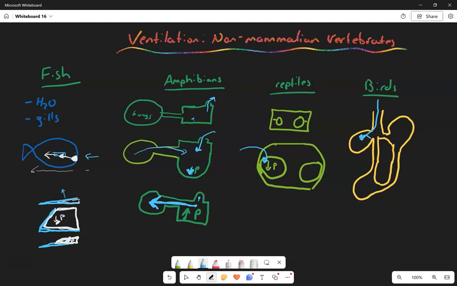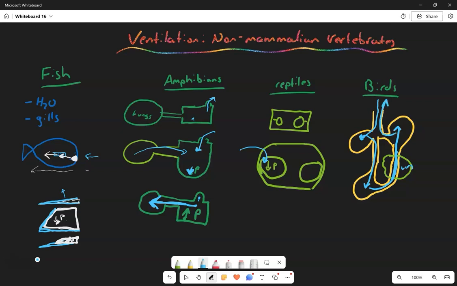What's going to happen is that the air will move into a different air sac, and then as they do another inhalation and exhalation, the air will move into the different air sacs, and it will move across the lungs. Okay? And then it will move out.